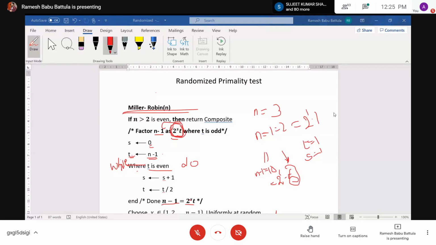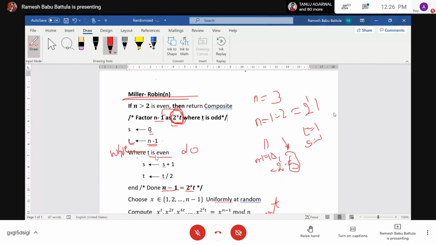Any questions on this Miller-Rabin algorithm? Any confusion in designing or defining this algorithm? See the algorithm. If you find any difficulty, let me know and I can explain again.